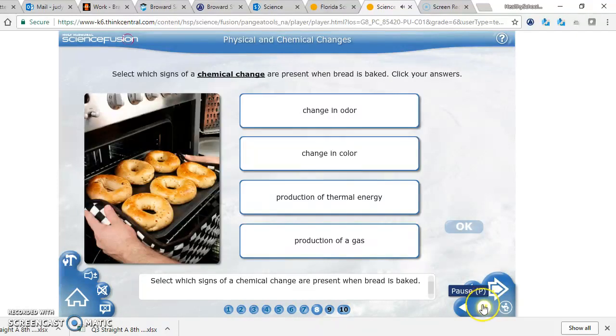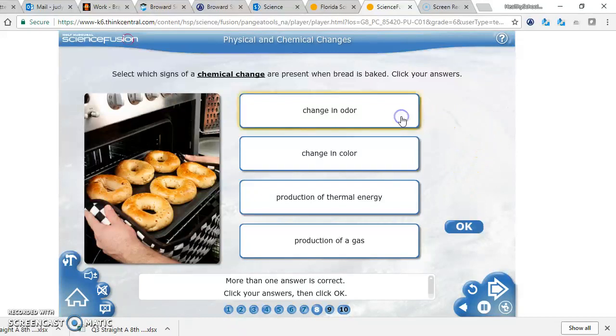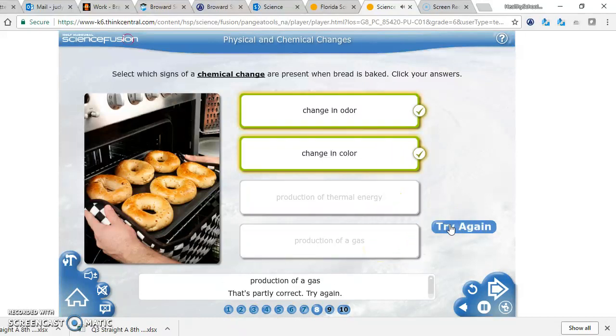Select the signs of a chemical change that are present when bread is baked. Click your answers. That's partly correct.